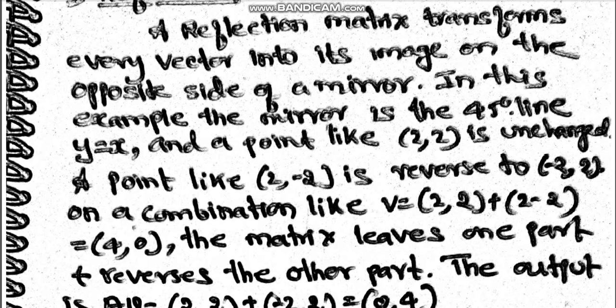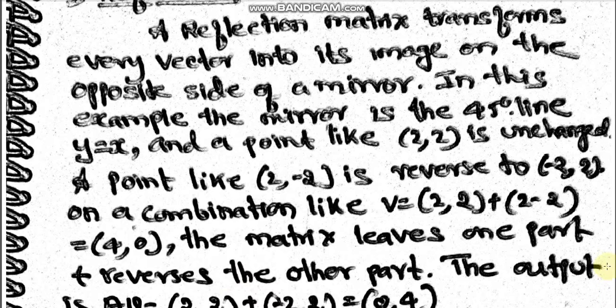It appears as 2 comma 2 itself. But a point which is 2 comma minus 2, if I am reversing that, appears as minus 2 comma 2. I can represent them with a combination of 2 plus 2 and 2 minus 2, which becomes 4 comma 0. The matrix leaves one part and reverses the other part.